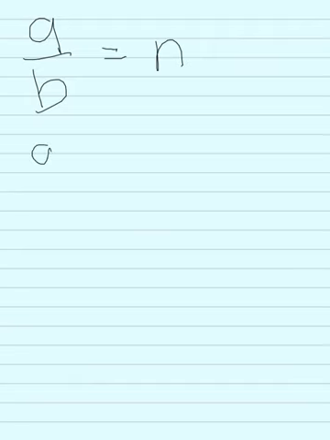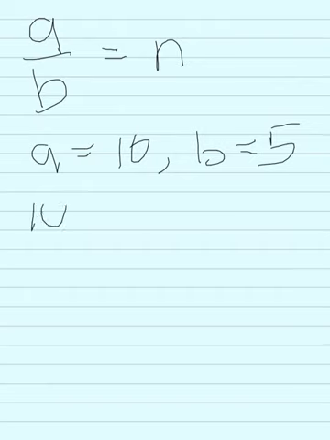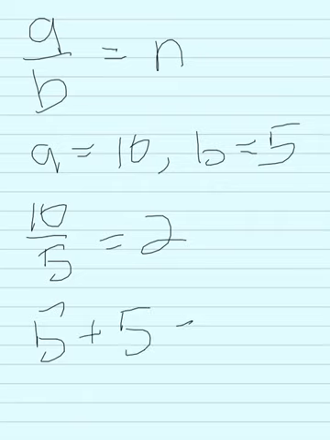So for example, if a is equal to 10 and b is equal to 5, then 10 divided by 5 is equal to 2, because 5 plus 5 is equal to 10. You have to add 5 to itself twice in order to equal 10, so n is equal to 2 in this case. So let's apply this logic to the case where the denominator is equal to 0.